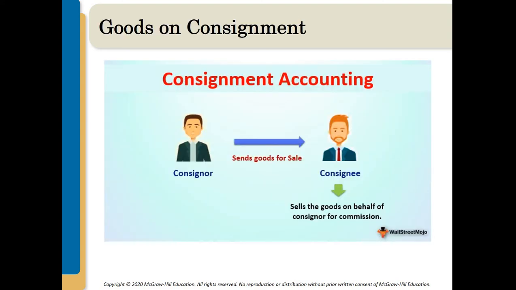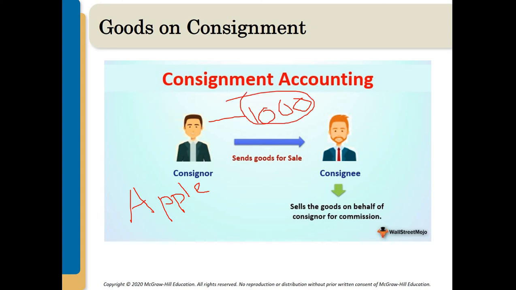In the case of goods on consignment, here is the consignor, for example Apple. They send, say, 1,000 units of iPhone to, say, TNT.